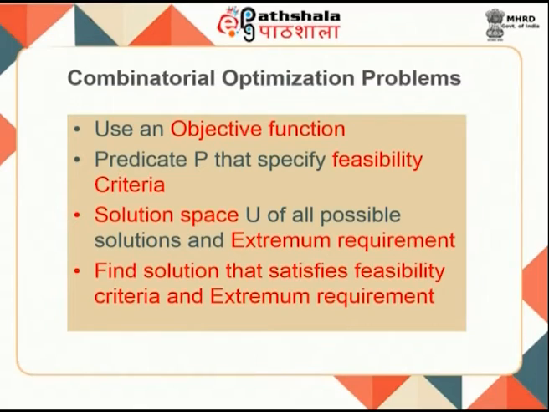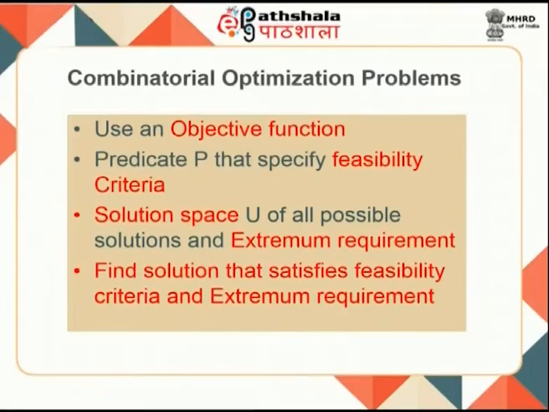The objective of an application may be profit, work minimization, or it can be a time factor. So combinatorial optimization problems do have an objective function, and we should have some sort of feasibility criteria so that the solutions can satisfy these sorts of things.